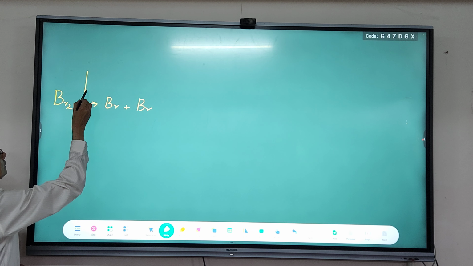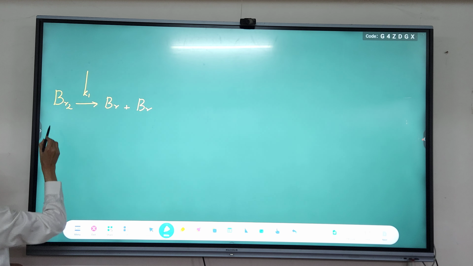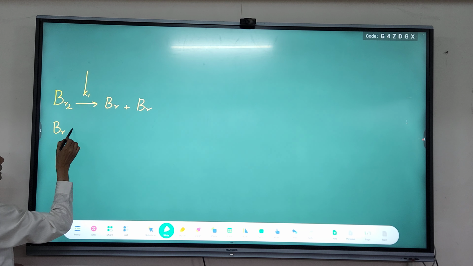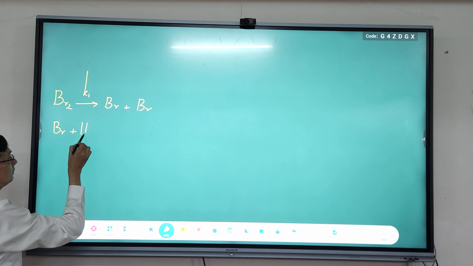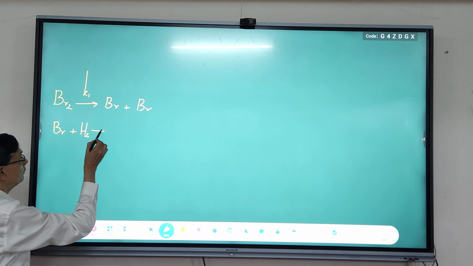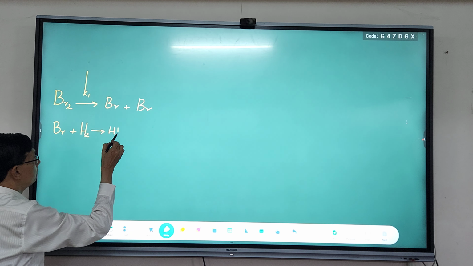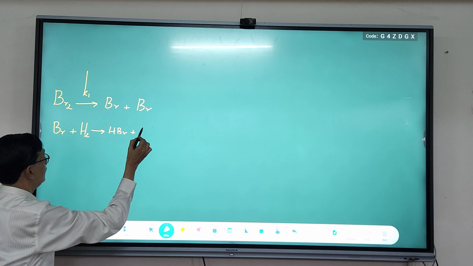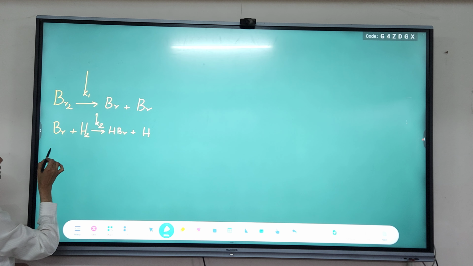This step is K1, so it is the initiation step. Then this Br reacts with hydrogen to form HBr and H. This is a propagation step.